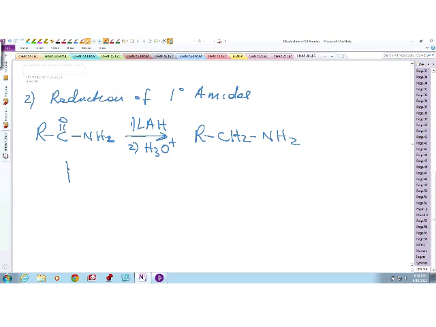Of course, we know that we could make the amide from an acid chloride with ammonia. So this would be a nucleophilic acyl substitution reaction, going from the acid chloride to the primary amide.